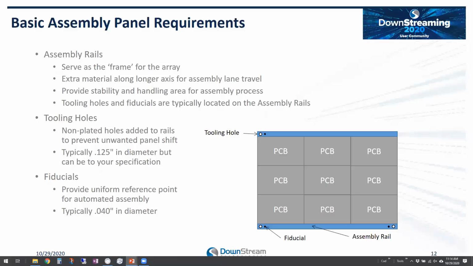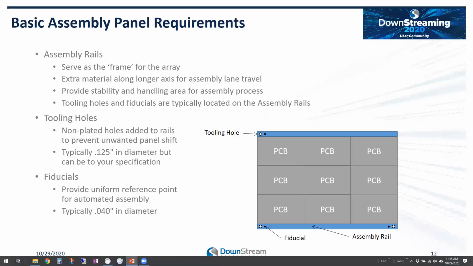Another term we should talk about is an assembly rail, or the frame of our panel. As you can see, this panel here is all scored with rails off to the side, and they're just at the top and bottom. They're not on the right and left, and often that's not necessary.